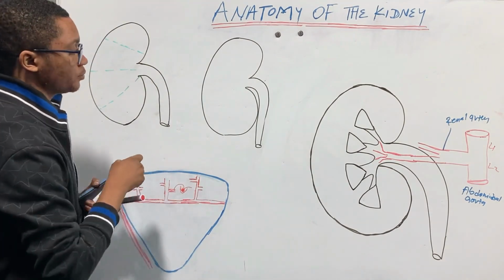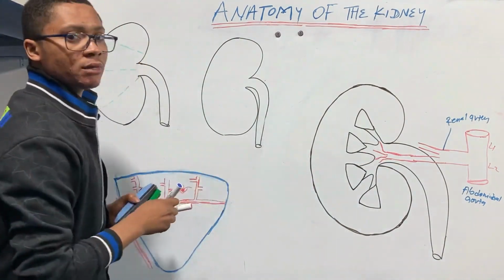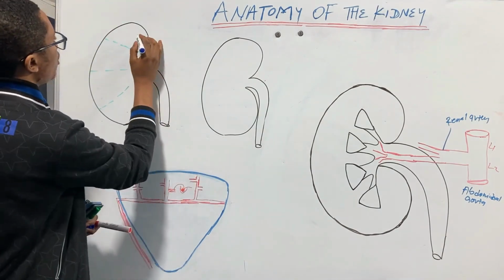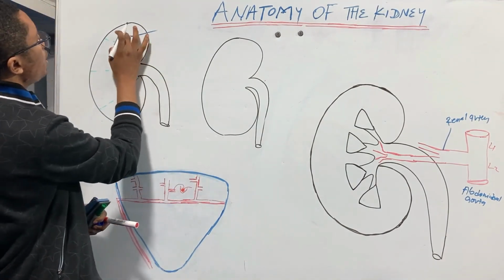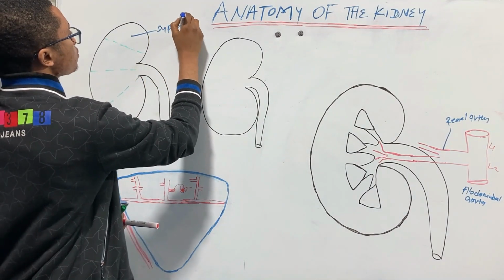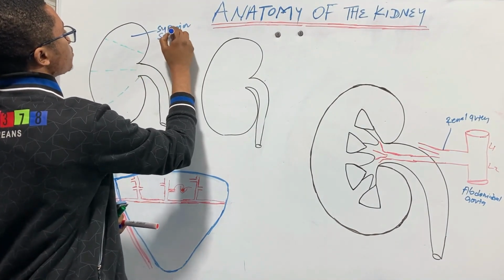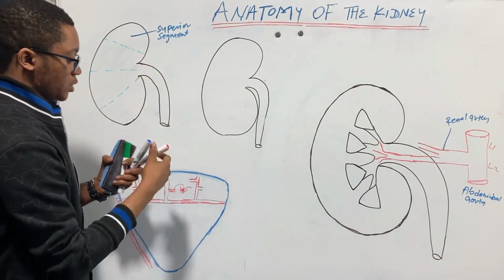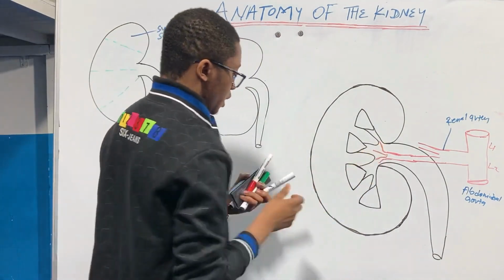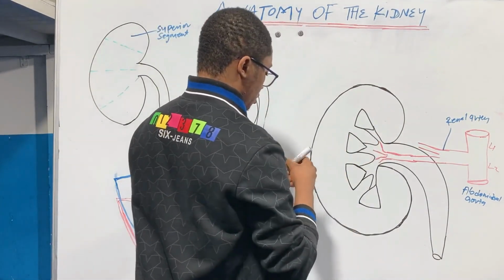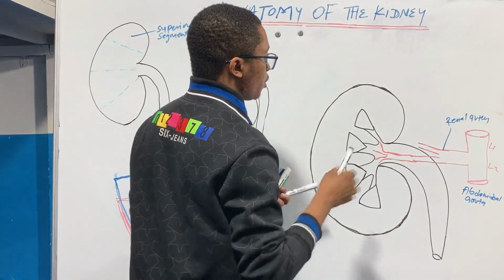So let's come here now. The superior segmental artery comes to the superior segment. So here is the superior segment of the kidney. So this artery here is the superior segmental artery that comes to the superior segment.